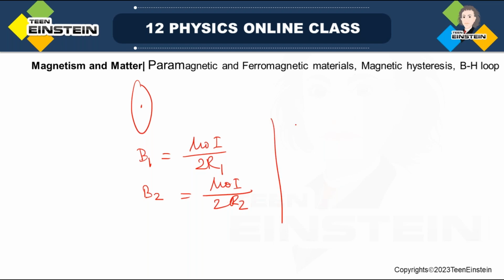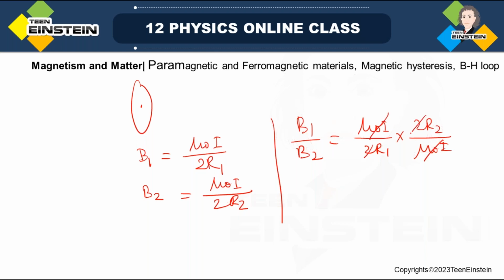Let us take the ratio B1 by B2. Mu0 I is not changing, and the 2 cancels. So it is R2 by R1. R2 is actually √2 R1, so it is √2. So this is the answer. The ratio B1 by B2 is √2.